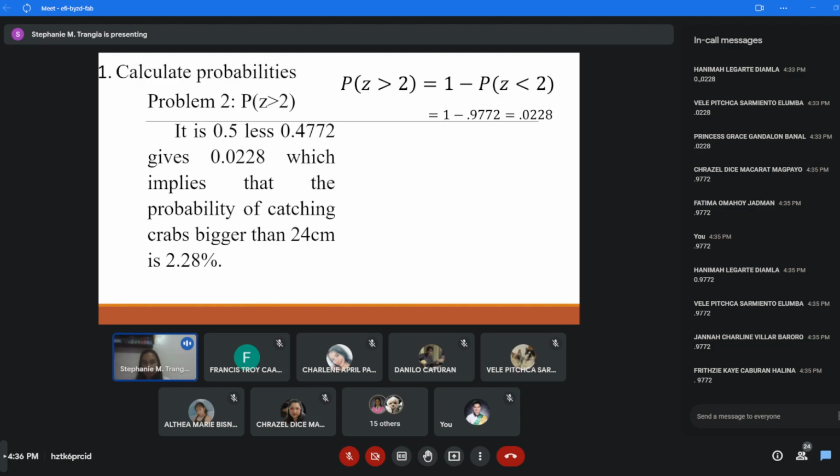So that's the concept. If it is greater than, search directly for the area or the probability and then subtract it from 1. So what happens is 1 minus the probability of the lesser than part, leaving the greater than part. So 1 minus 0.9772 is equal to 0.0228 or 2.28%.